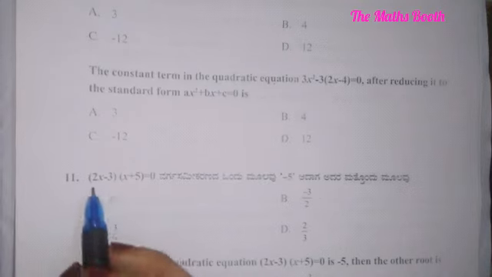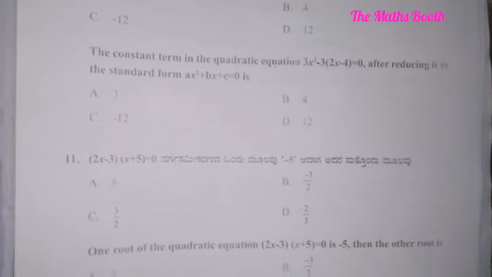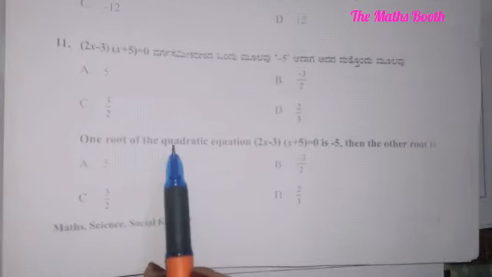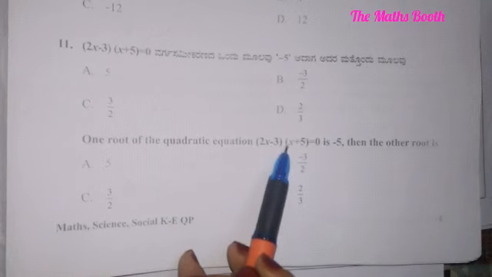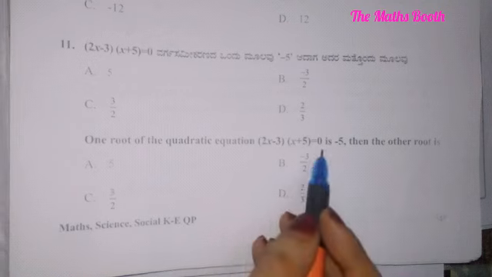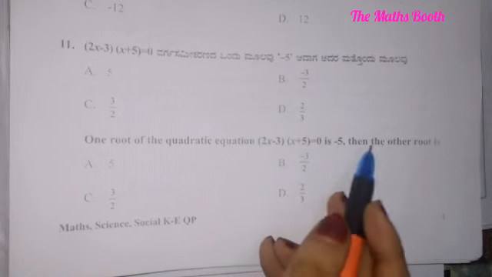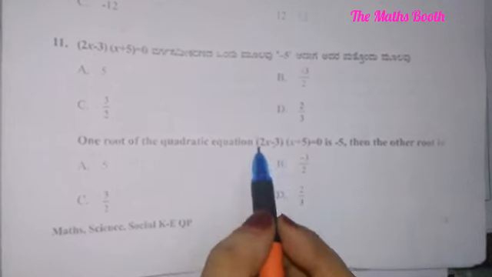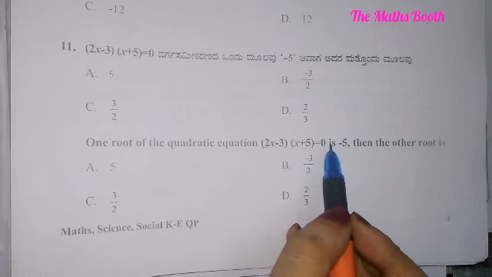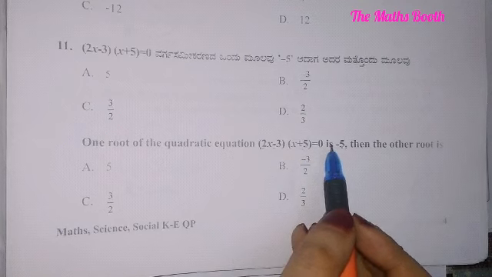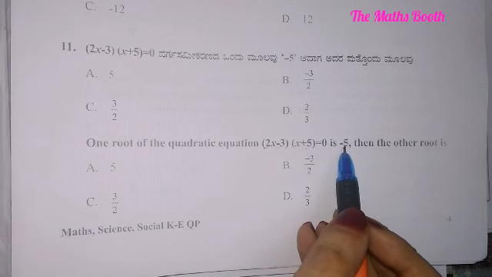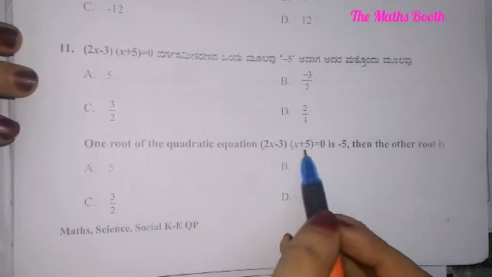So here question number 11 is: one root of the quadratic equation (2x minus 3)(x plus 5) equal to 0 is minus 5. Then the other root is... See here, two brackets they have given and one root is minus 5. That is, x plus 5 equals 0; if we take that to the other side it becomes minus 5.